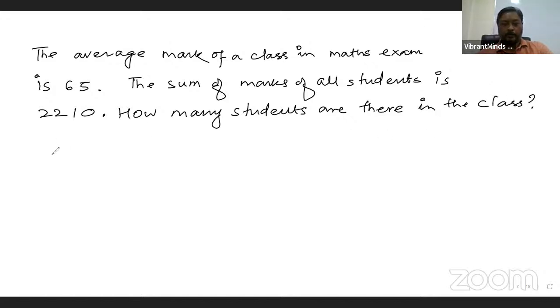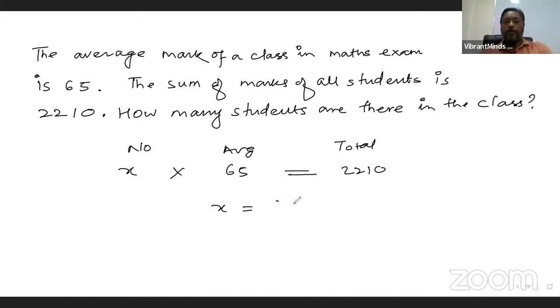So understand, let's take x number. Average 65, but total is 2210. But we know this into this is always equal to this. So x will be 2210 divided by 65.